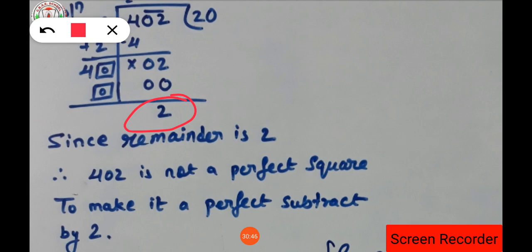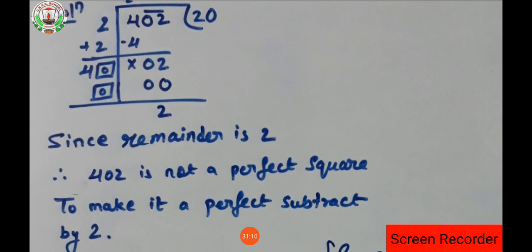In the previous question we got remainder 0, but here we are having remainder 2. That means 402 is not a perfect square. If the remainder becomes 0, that means that particular number is a perfect square. Since here a remainder is left out, this number 402 is not a perfect square.